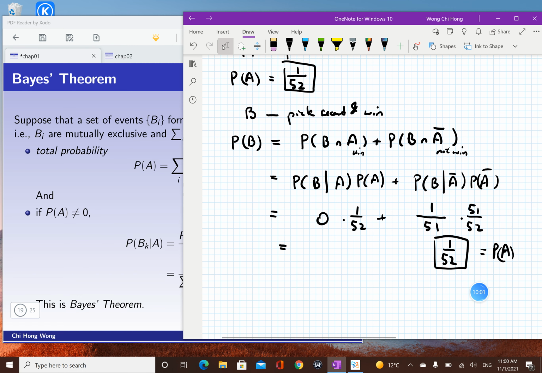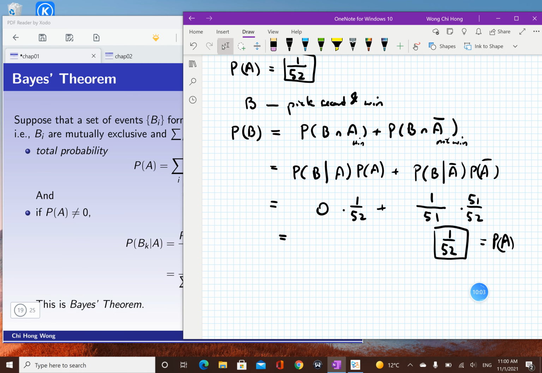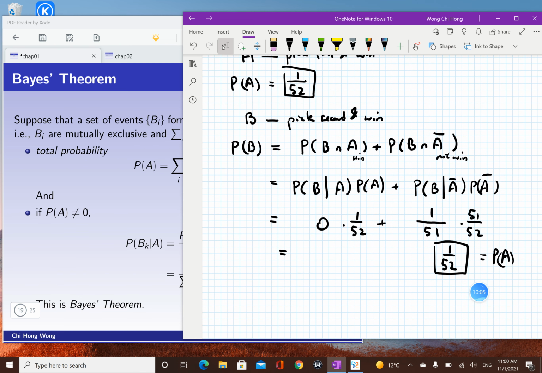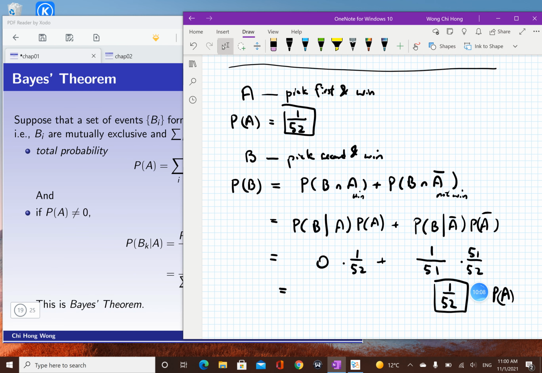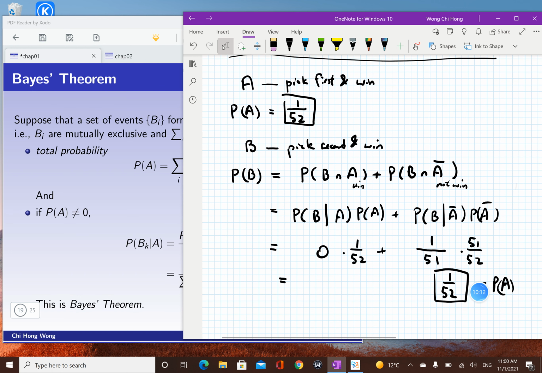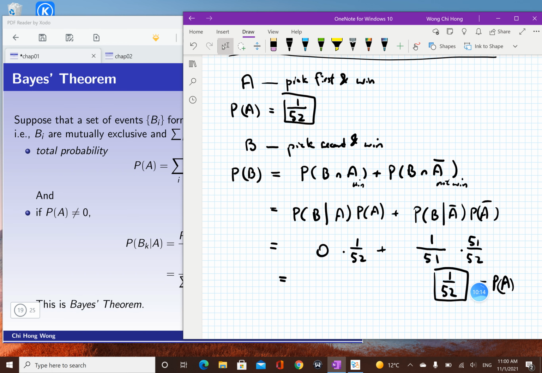In fact, it wouldn't matter if I change the question so that if you pick out a 3, then you win, not just the 3 of hearts. So you've got four winning cards here.